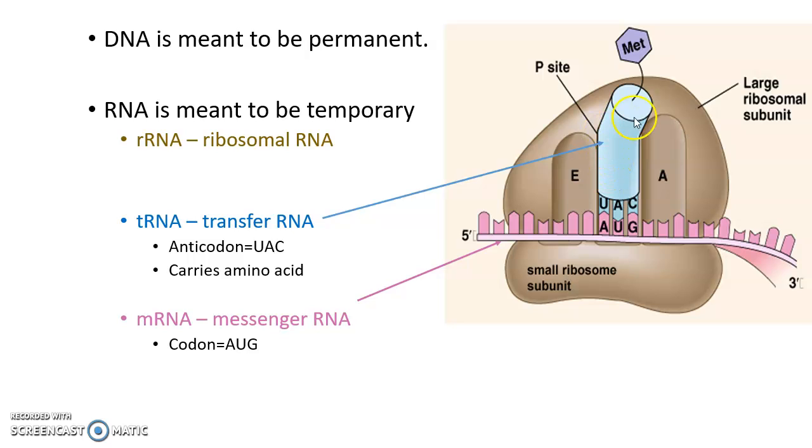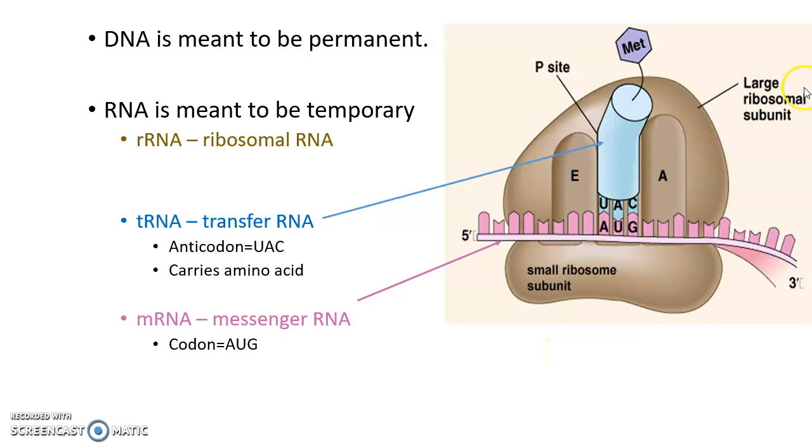So here is the ribosomal RNA in brown. Here is the messenger RNA. The ribosomal RNA is part of the ribosome. The messenger RNA, of course, carries the sequence, including codons such as AUG. And then the tRNA, or transfer RNA, has the anticodon that complementary base pairs with the codon and is carrying the amino acid.